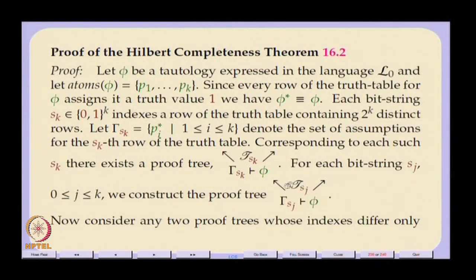Okay. Now what we are going to prove is that you take any bit string S j, where j is of length less than or equal to k, and we are going to construct the proof tree T S j such that gamma S j proves phi. In the case when j is equal to k, of course, we already have these proof trees, but we are going to systematically contract the assumptions till j becomes 0.